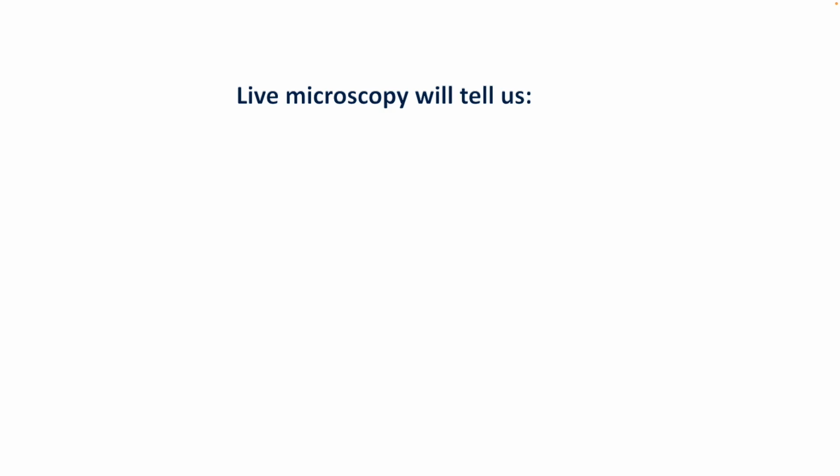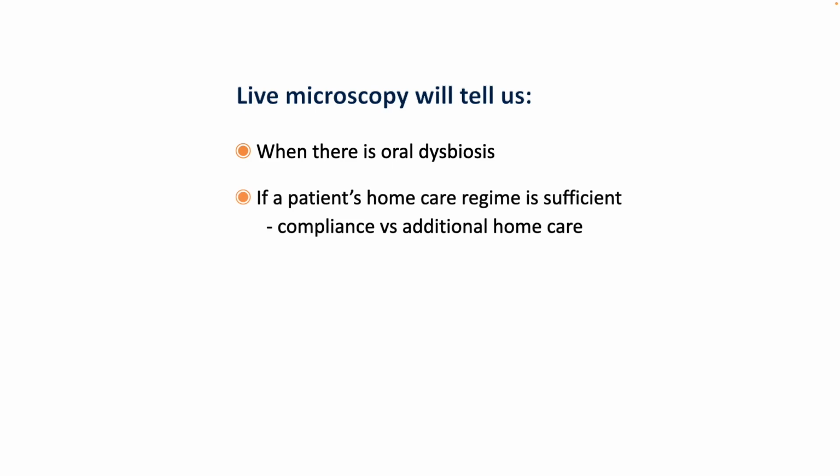So live microscopy will tell us when there is an oral dysbiosis. We can tell if the patient's home care is sufficient, whether that be perhaps they're not compliant, or if they are compliant, whether we need to add additional home care techniques such as oral irrigators or tongue scrapers or some sort of mouth rinse.